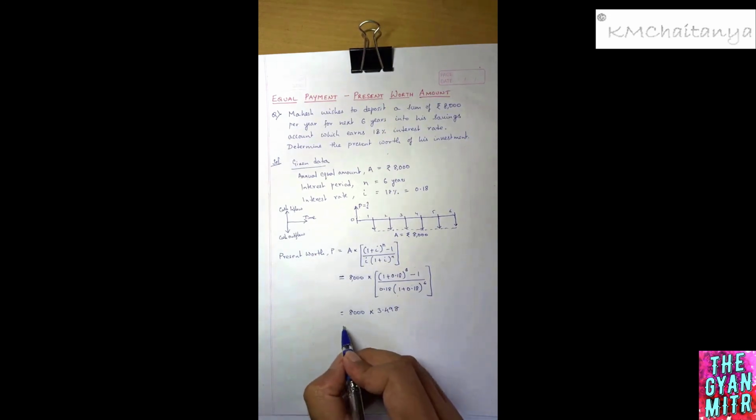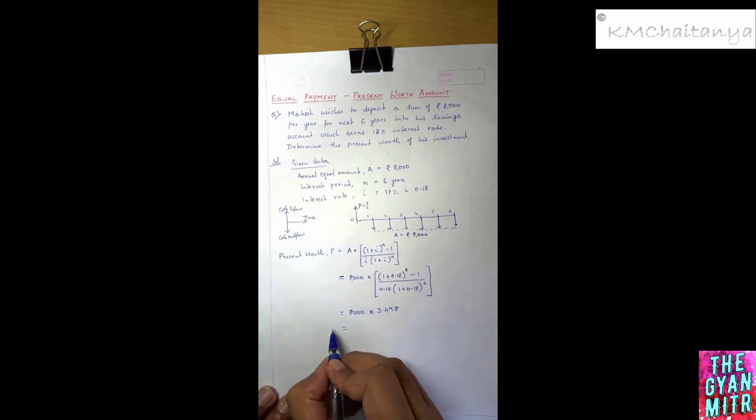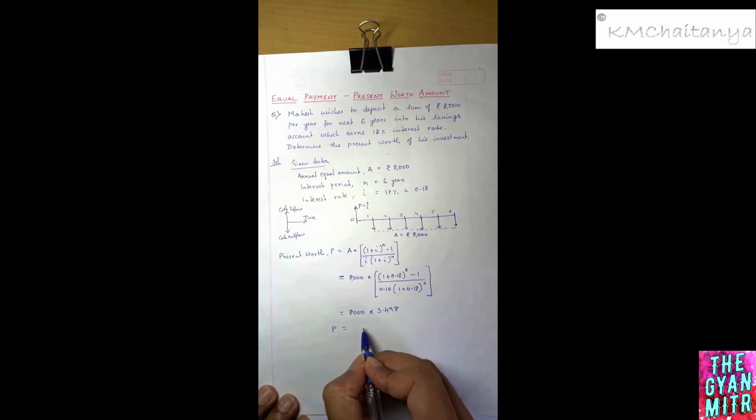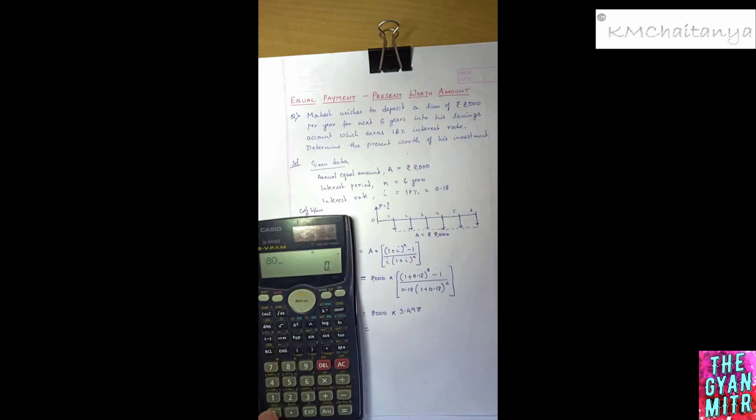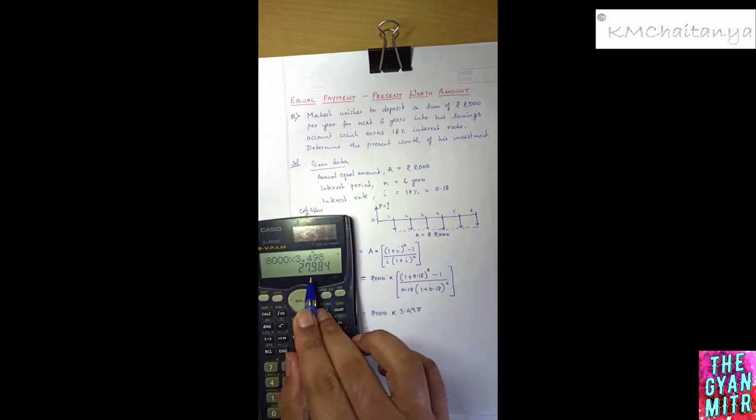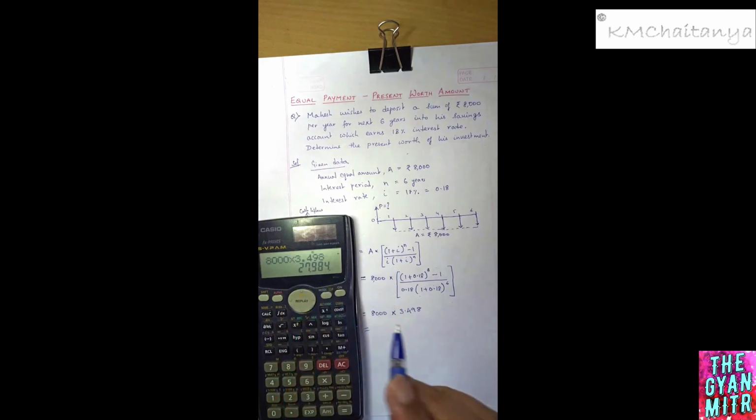3.498. So if I multiply this, I'll get the present value P, which will be equal to 8,000 multiplied by 3.498, which is equal to 27,984 rupees.